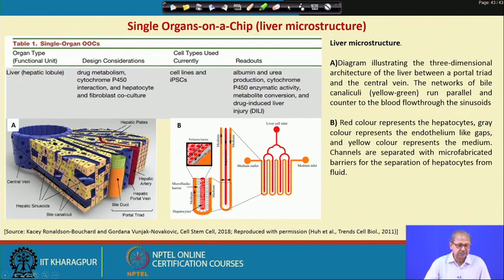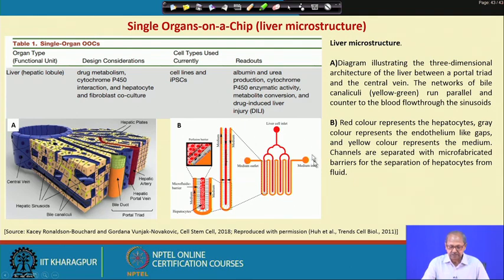So, how could these things be mimicked in a microfluidic platform? Here cell lines are used, means HepG2, and sometimes induced pluripotent stem cell derived liver cells are used. So, here is the design of the microfluidic platform.